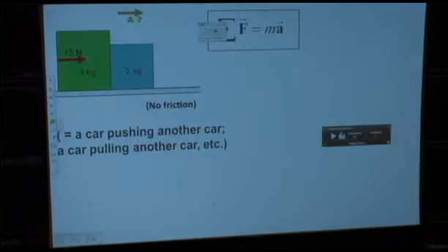Yes or no? The hand. There's my hand right here. This force, yeah, that's the hand, or I don't know, a stick or something else. Something is touching that green box to make it move.